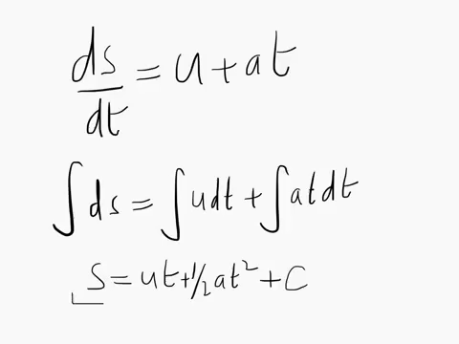So already we have something here that looks very much like what we want. In fact, it's exactly what we want, but we have this constant of integration that we need to deal with. We have s equals ut plus a half at squared plus c, and to deal with that we consider the initial conditions.